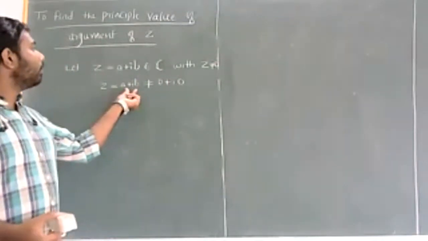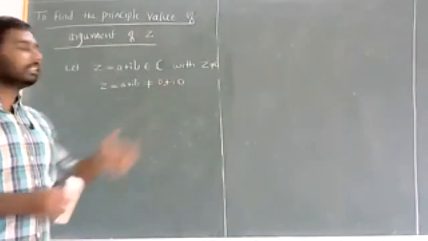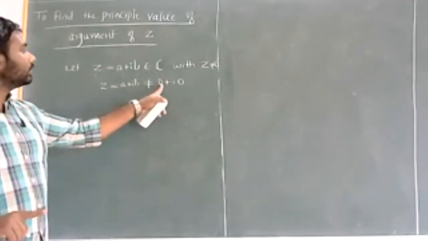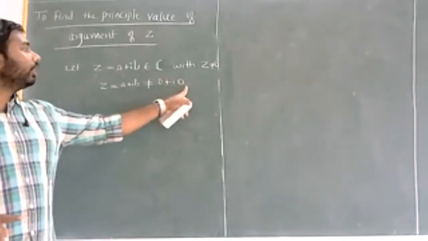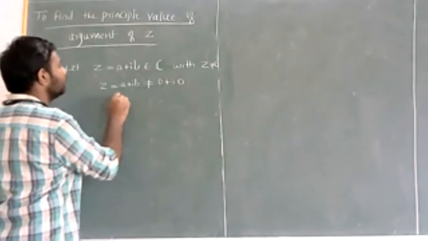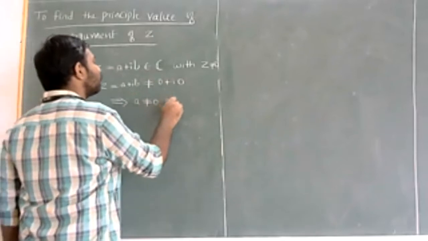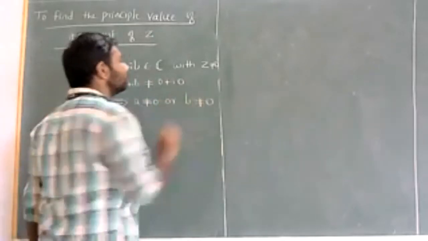That means either the real part is not equal to 0 or the imaginary part is not equal to 0, that is, a is not equal to 0 or b is not equal to 0.